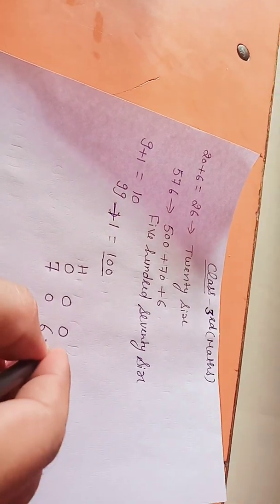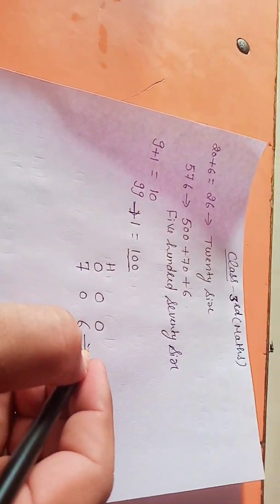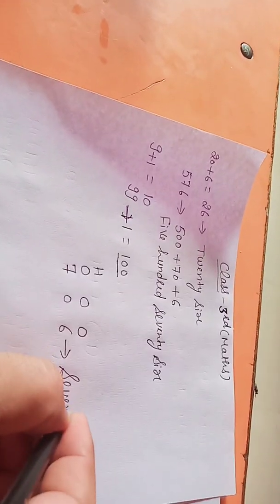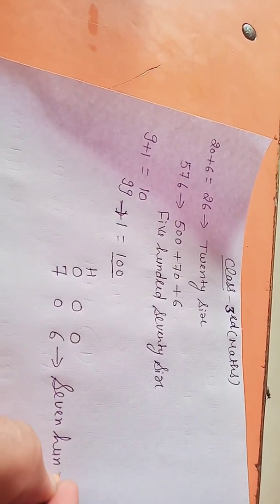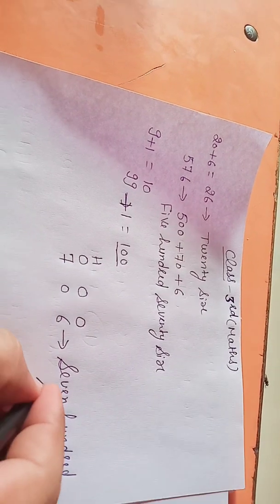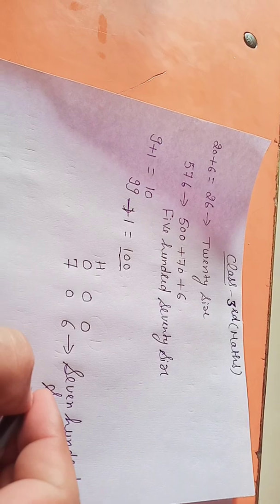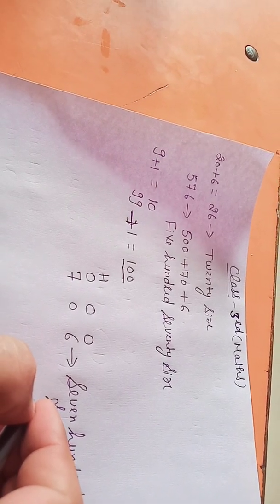And in the form of numerals in words, how can you write? 706. Easy.